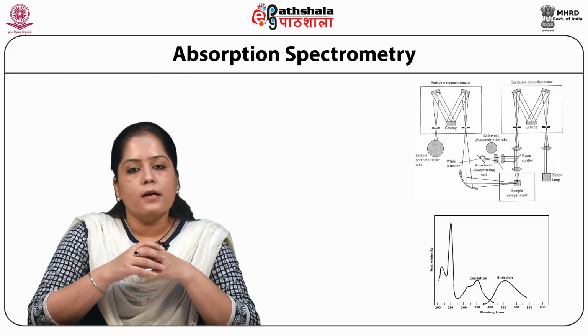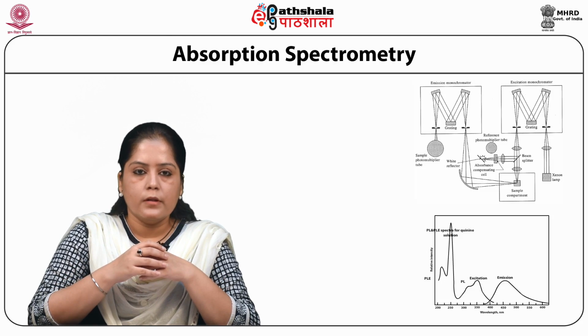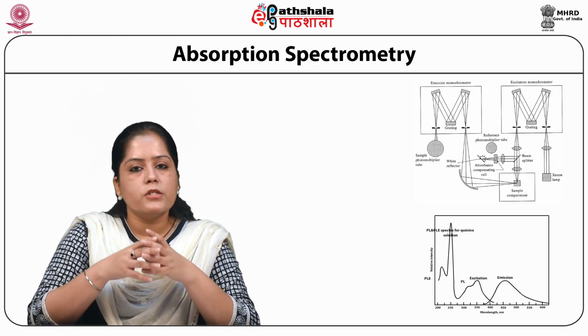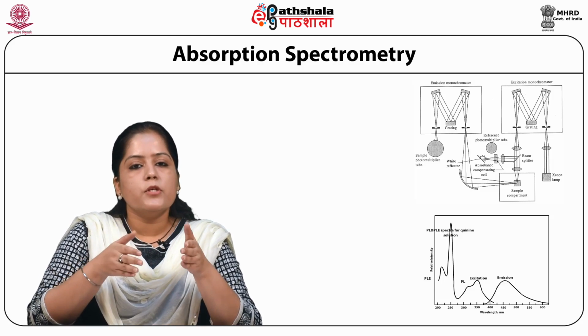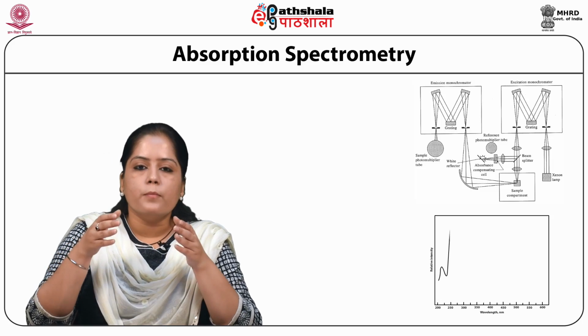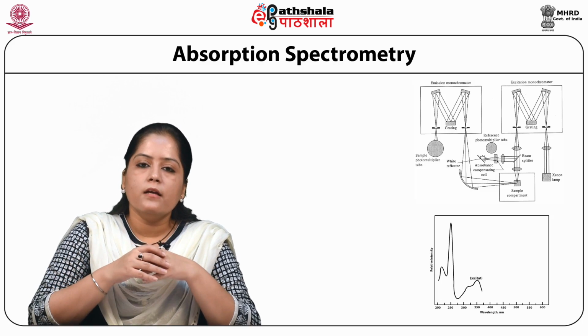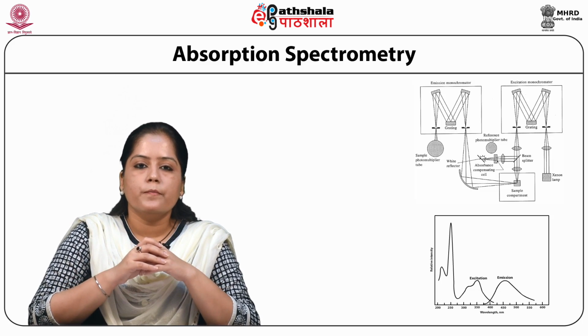Let us now discuss the measurement principle. In PL, the excitation wavelength is fixed. Emission intensity versus wavelength is obtained by scanning a monochromator of the spectrometer.